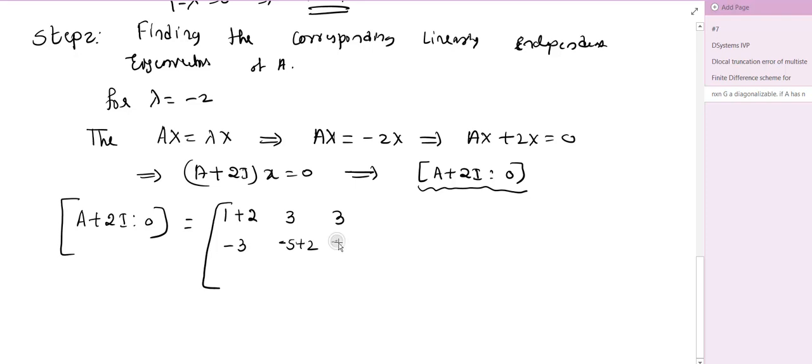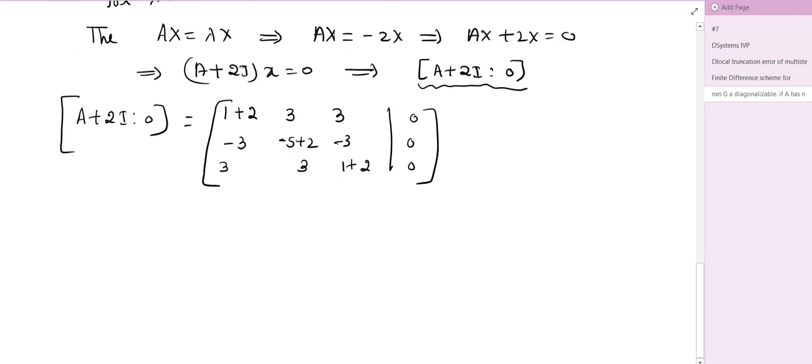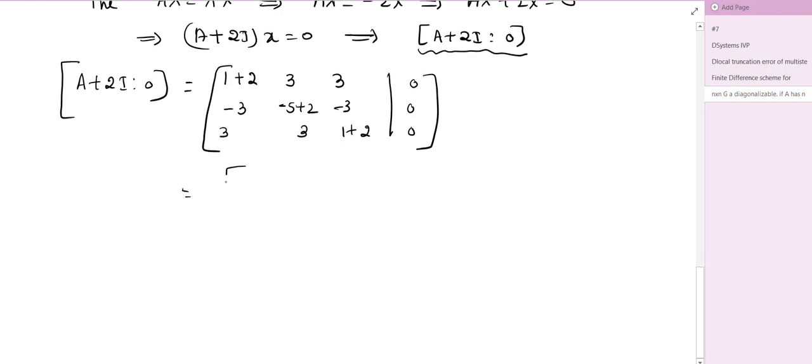Here you have 3, 1 plus 2. I'm augmenting this with 0. Now solving it further, this is 3, minus 3, minus 3, minus 3. So 3, 3 and 3. Here we are augmenting this with 0.